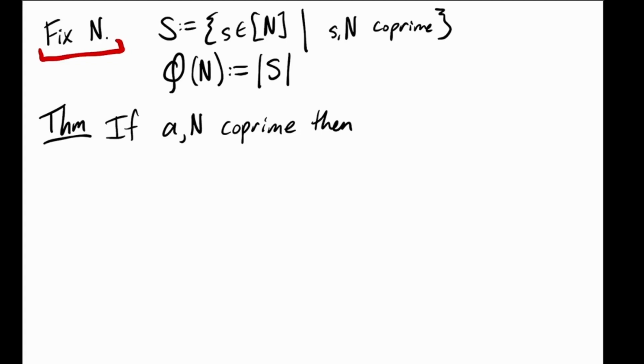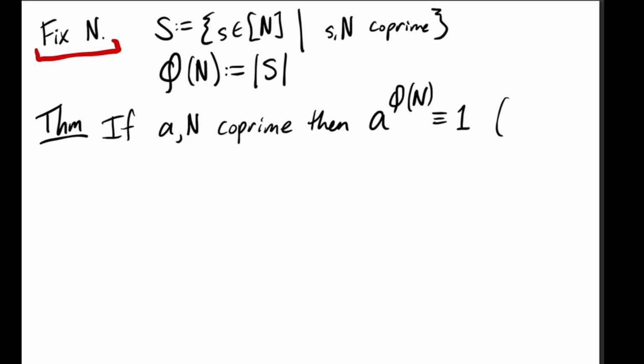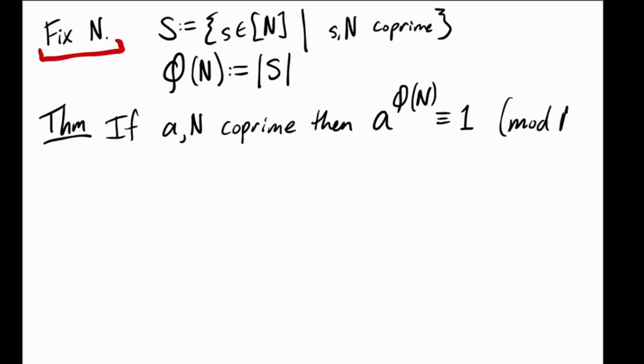And the theorem that we'll prove is that if a and n are co-prime, then a raised to the phi of n will be congruent to 1 mod n. All right, so this is going to, again, give us some exponent that we can raise a number to get 1. And that's going to help us with cancellation and reduction of exponents.